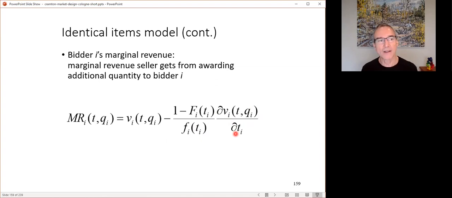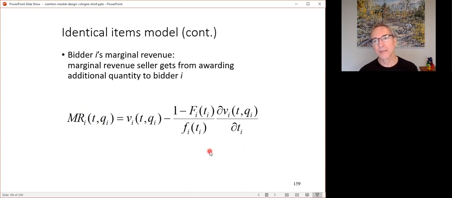Now, the next theorem, the next revenue equivalence theorem, is actually going to prove that indeed this is marginal revenue, that by allocating additional quantity to bidder i when the vector of types is t and they're at quantity q_i, this is exactly the increase in revenue that I get on that margin.